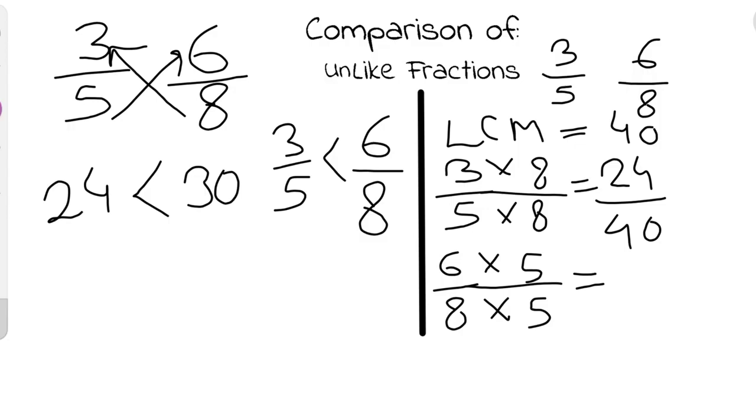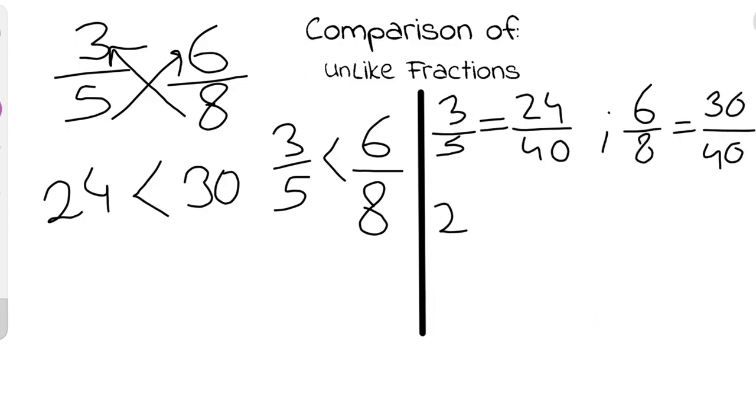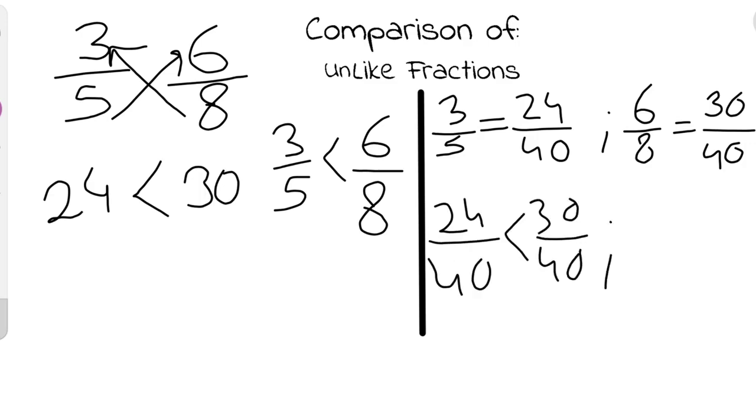So 6 times 5 is 30 and 8 times 5 is 40. Now we will compare 24 by 40 and 30 by 40. Since 24 by 40 is smaller than 30 by 40, that means 3 by 5 is smaller than 6 by 8.